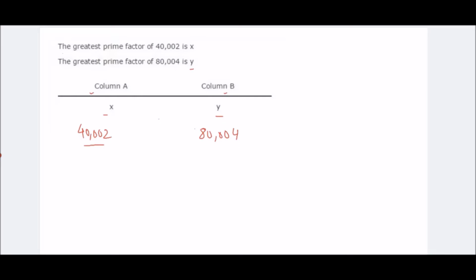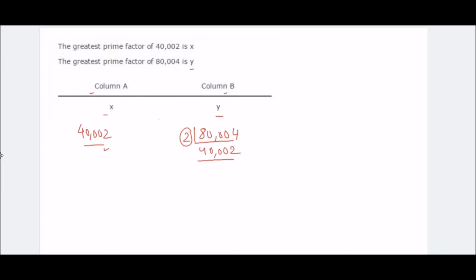So there is no need to find the factors of both. We can make it simple. 80,004 is equal to 2 times 40,002. So this and this become the same, and 2 is not the greatest prime factor of any such number, right?